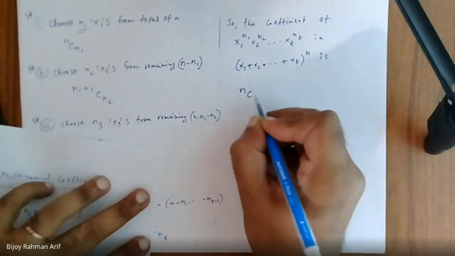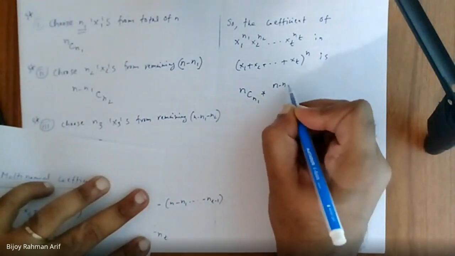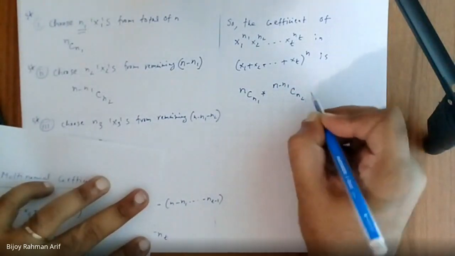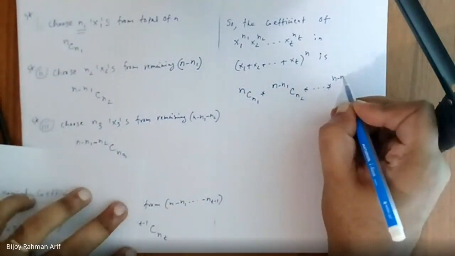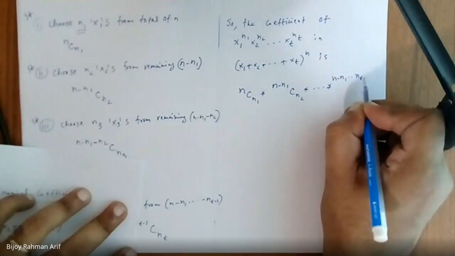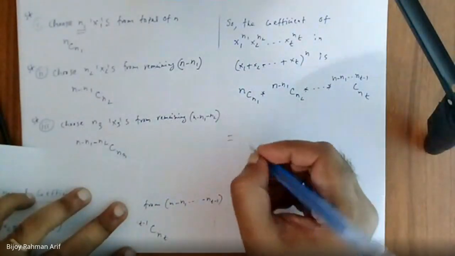N C N1 multiplied with N minus N1 C N2 times dot dot dot times N minus N1 dot dot dot NT minus 1 C NT. We can simplify it.